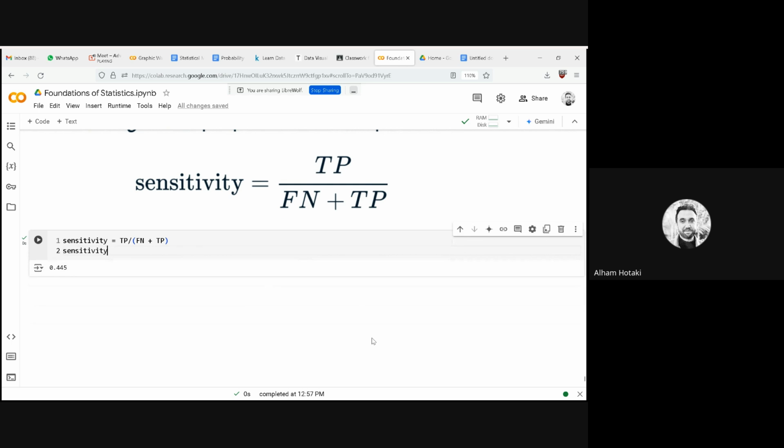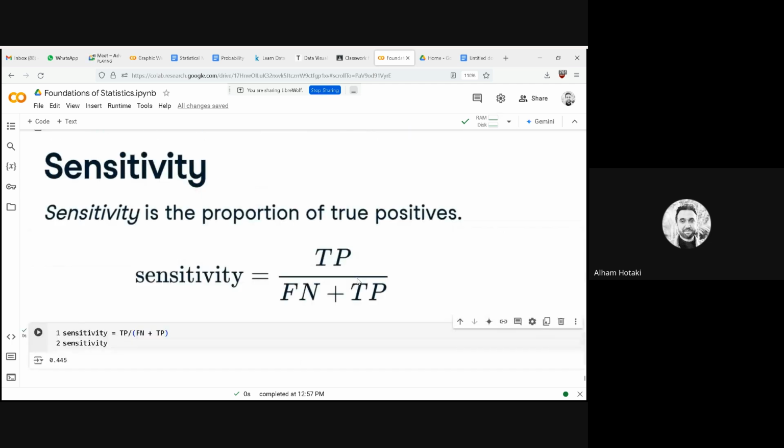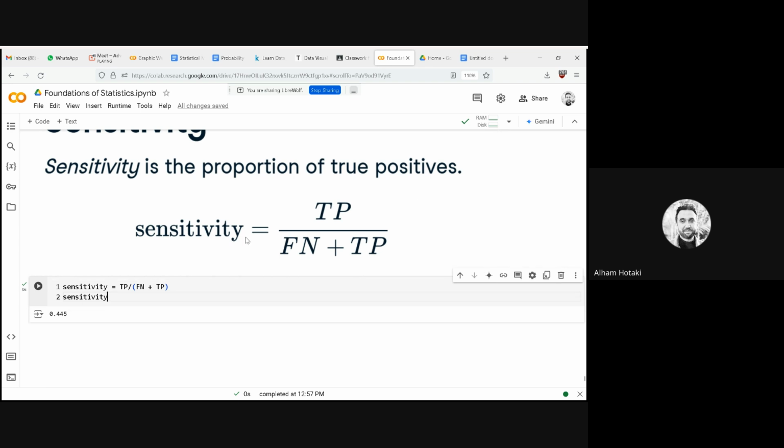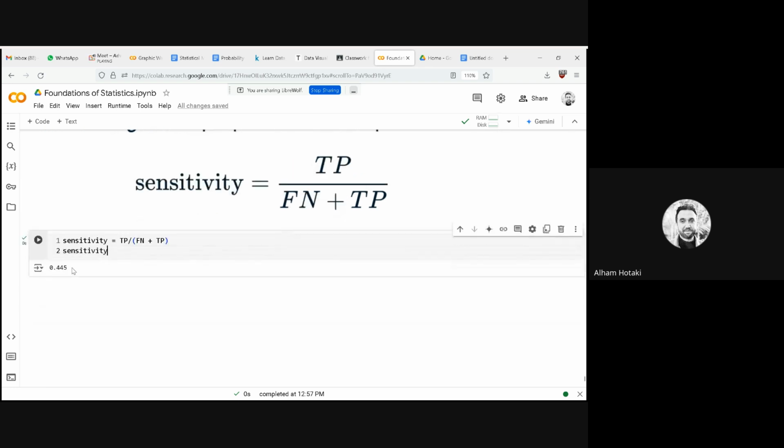That will be 44%. It shows the sensitivity of the model, this percentage, of true positives. So this is actually how much the model is predicting true positive values. One more thing for these models, which plays a key role.